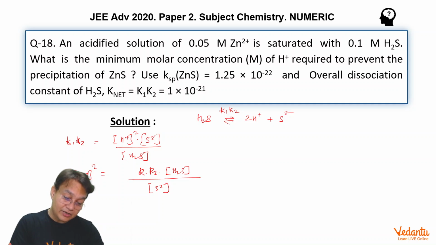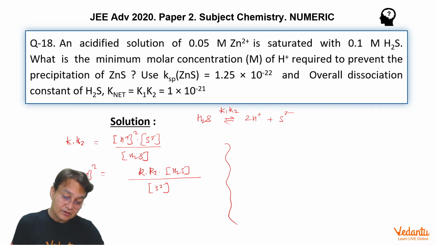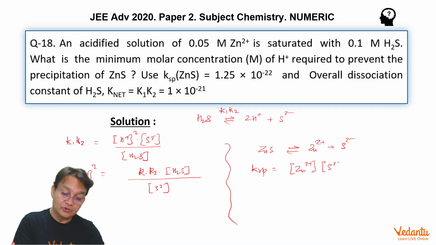Now let us find out the minimum concentration of S2- at which the Zn2+ will not form a precipitate. For that we have to write the expression of KSP. You know that ZnS dissociates to form Zn2+ and S2-, and KSP is the concentration of Zn2+ into the concentration of S2-.